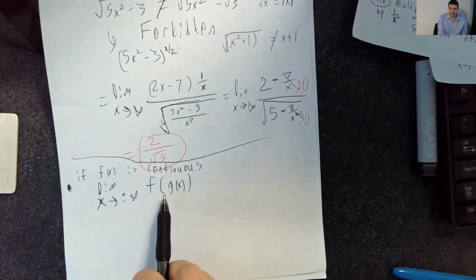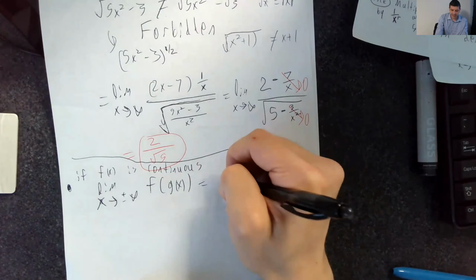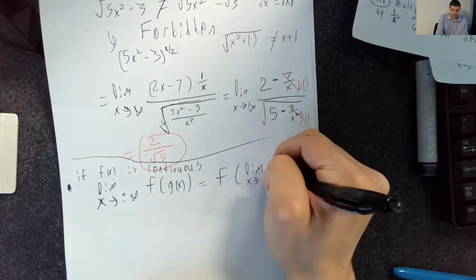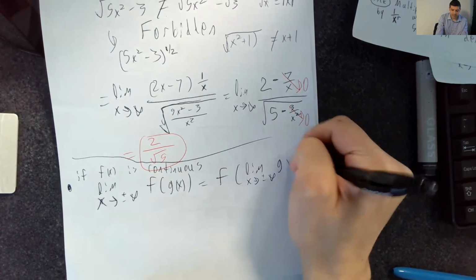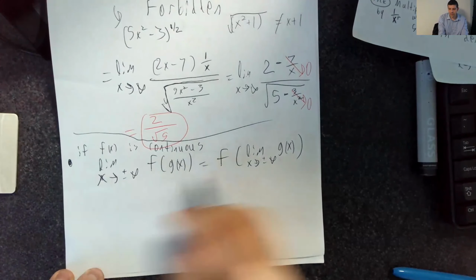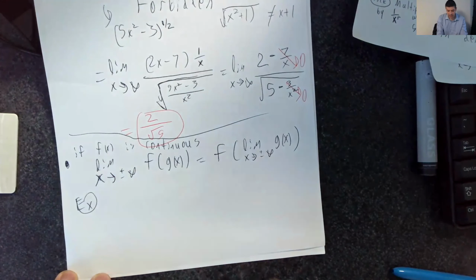And when you see a composition like this, you could put the limit on the inside. That's what continuity lets you do. Okay. So it looks weird when I write it in a formula, but as an example, it's not so bad.